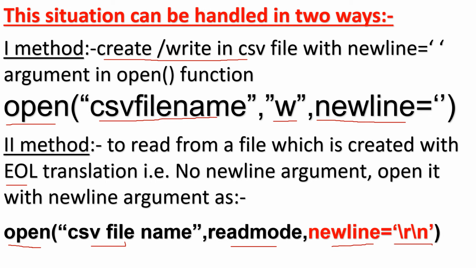So either you handle that situation while writing or you handle it while reading. If you are handling it in the writing itself, then you have to write newline equal to empty single quotes. And if you want to handle the situation while reading the file, then you have to use newline equal to single quotes with \r\n. You can use any one of the methods to handle the situation of a newline between each row.